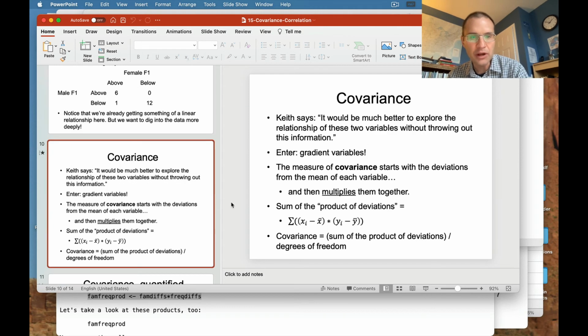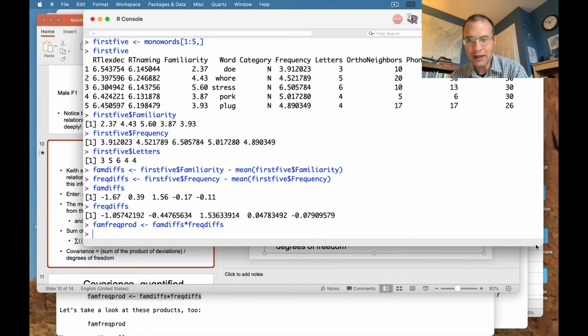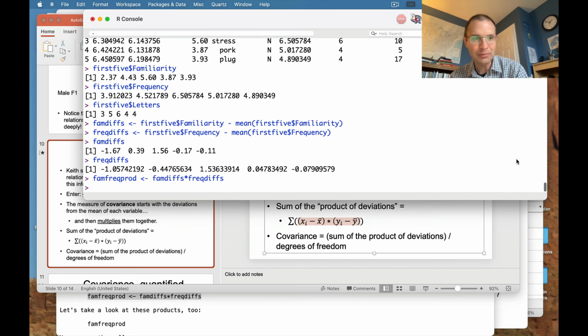And what I'm doing here is getting this product of deviations, basically this part. I'm looking at the deviations from the mean of each variable and then multiplying them together. So it's basically this part right here. Eventually I'm going to want to sum them all up over all 5 observations to get the sum of the product of deviations.